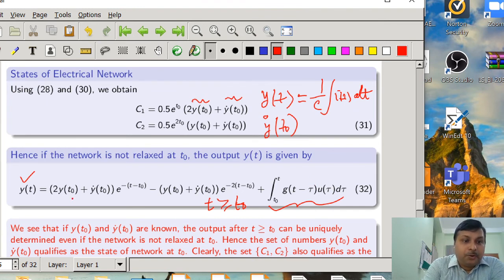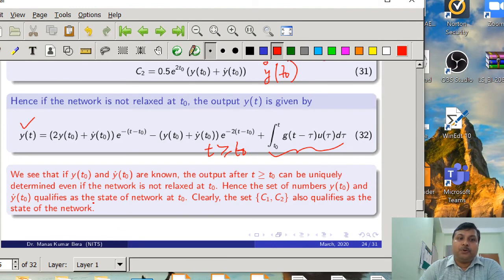Along with that, we have to know what y of t0 and y dot of t0 are, meaning the initial voltage across the capacitor and the initial current through the inductor. So we can see that if y of t0 and y dot of t0 are known, the output for t greater than or equal to t0 can be uniquely determined even if the network is not relaxed at t0.